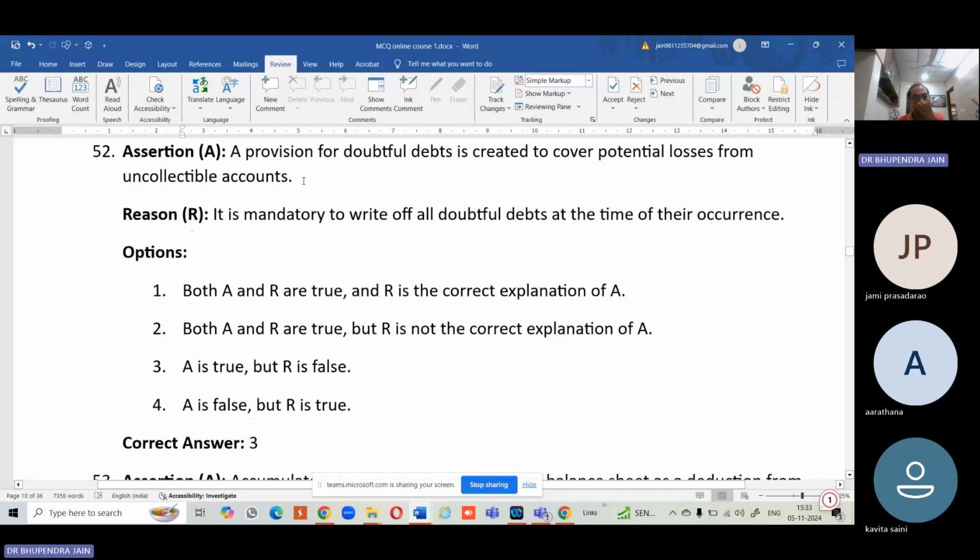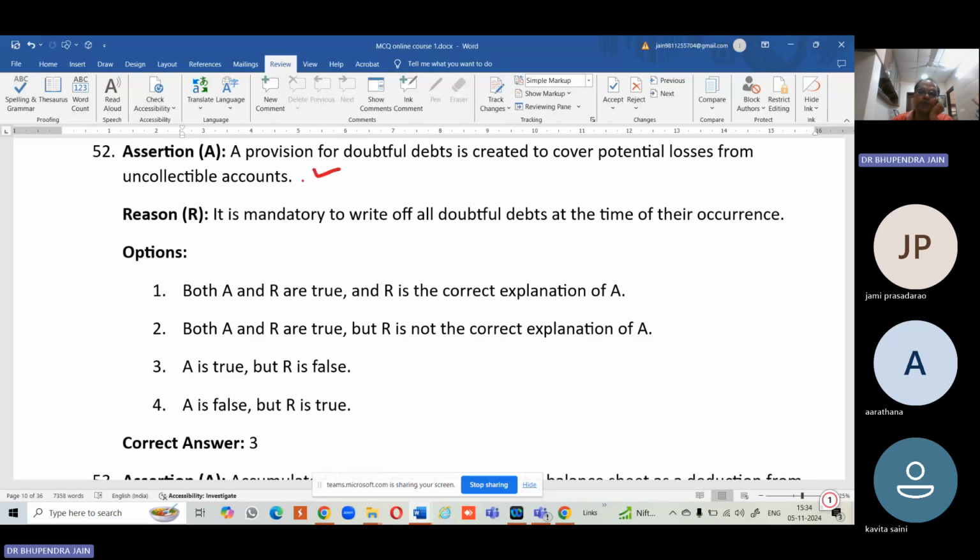Next question. Assertion and reason. The provision for doubtful debt is created to cover potential losses from uncollectible accounts.